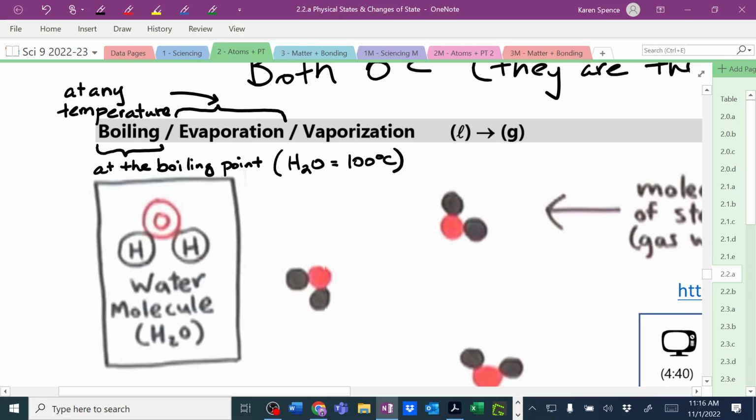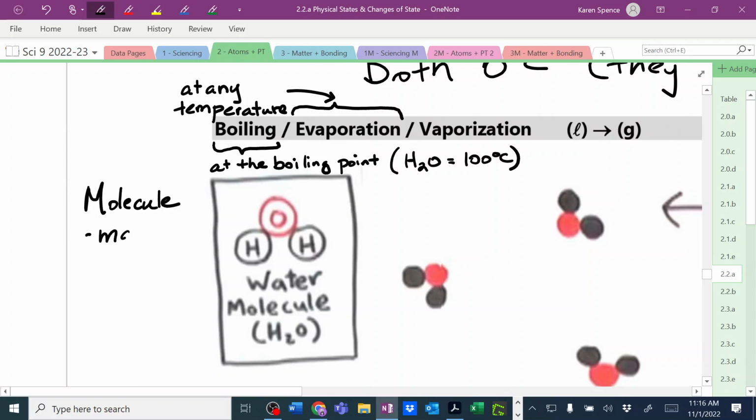Are you guys familiar with the term molecule? Do you know what a molecule is? It's a little bit of matter that is made of two or more atoms.